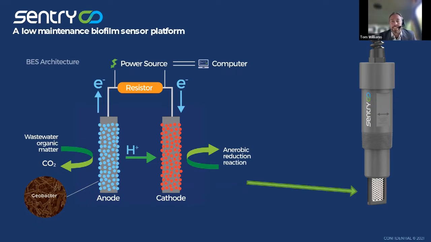On the end of that wire is this probe, and we have an anode and a cathode on either side of this probe, and in between we have a metal surface where our biology forms a biofilm across the surface, and as that biofilm consumes carbon, it releases an electron, and we track that electron across the surface of that biofilm, and we come up with a signal, and that signal we either call MET or carbon consumption rate, and that matches to the health of the biofilm.